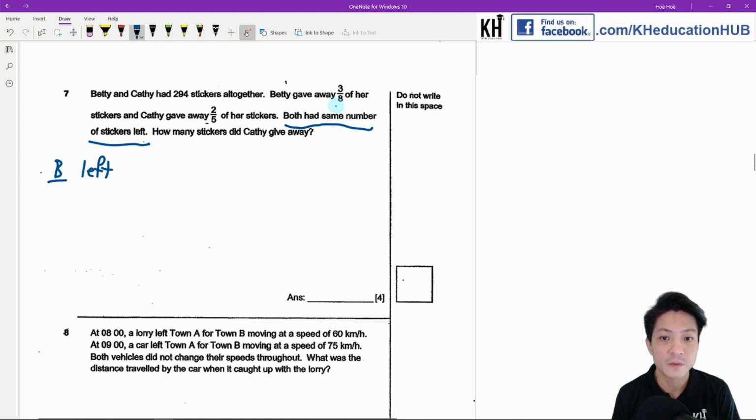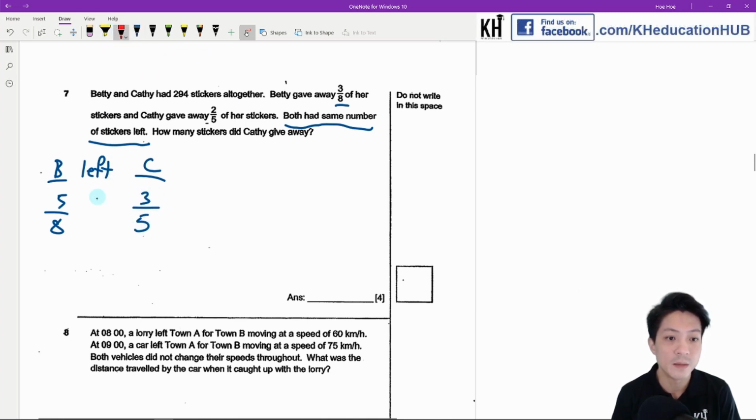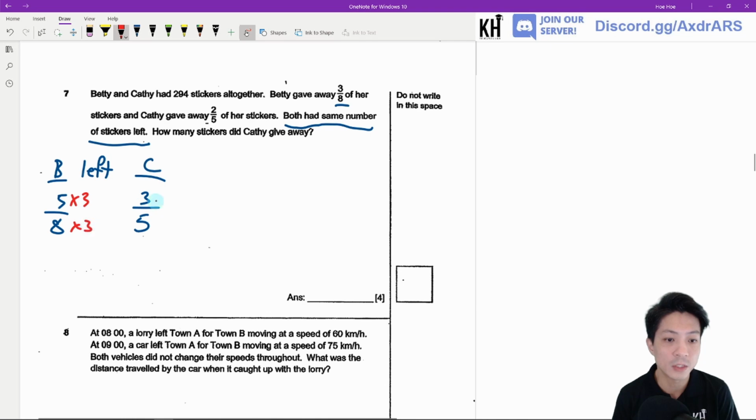Okay, so if Betty gave away 3 over 8, she'll be left with 5 over 8. Okay, and Katie gave away 2/5, so left 3/5. Okay, since they are the same, that means I need to make the numerator the same. If you remember this technique, I'm gonna multiply by 3, multiply by 3, multiply by 5, multiply by 5.